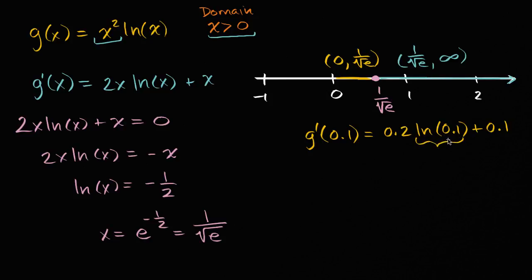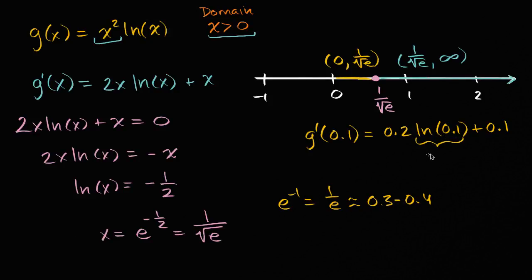In fact, it's definitely going to be greater than negative 1, because e to the negative 1 is 1 over e, so that's 1 over 2.7, which is around 0.3 or 0.4. So in order to get to 0.1, you have to be even more negative.